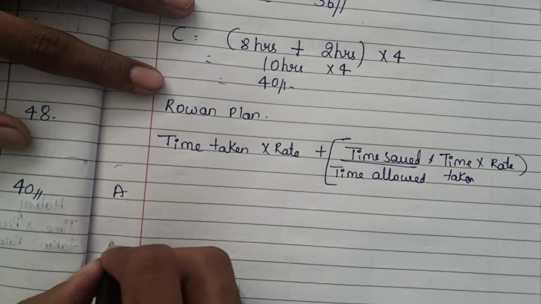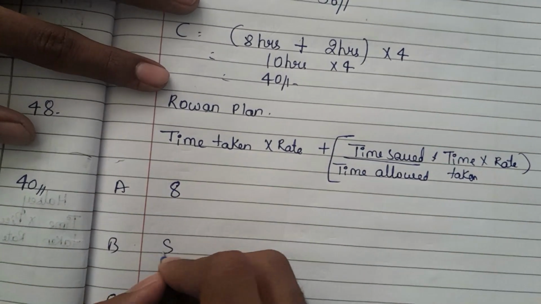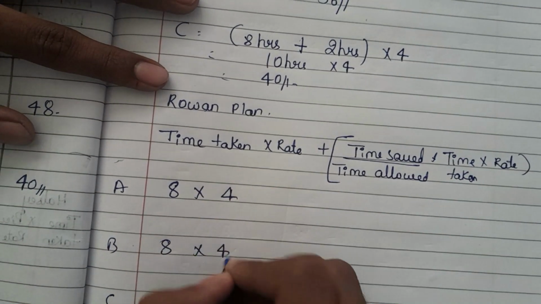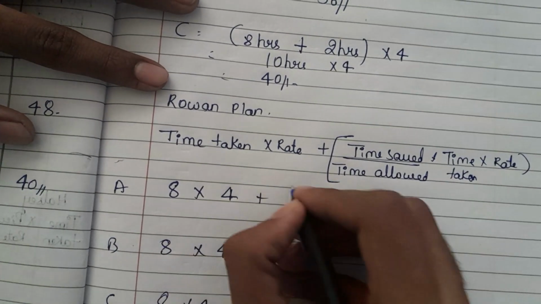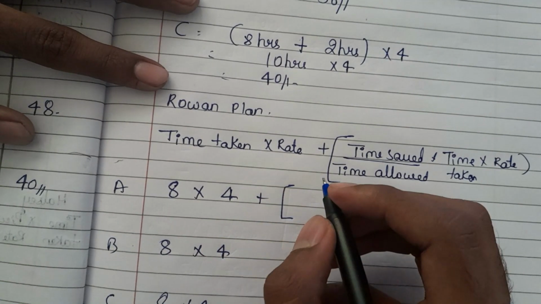Let us see this for A, B and C. All three have taken 8 hours and the rate is 4 rupees per hour. A will be paid 32 rupees only, as he has not saved any time.